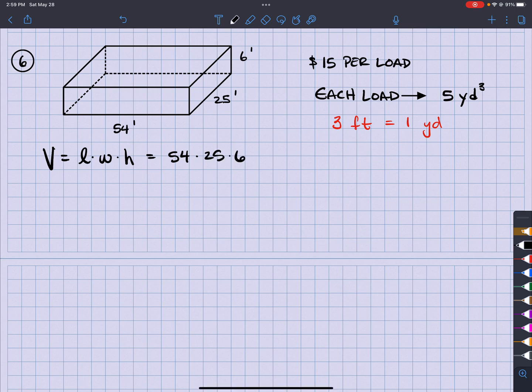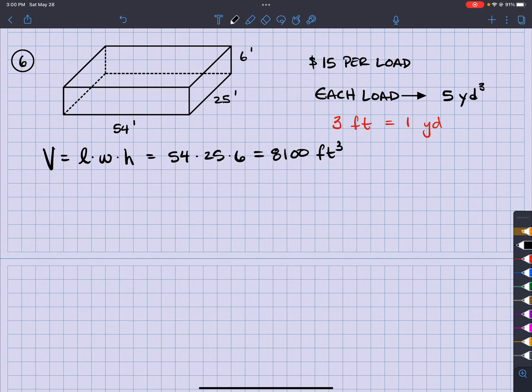So the volume of this is going to be, let's see here, 54 times 25 times 6. So I'm going to have a volume of 8,100 cubic feet. But that's not what I'm getting charged for, not by cubic feet, but by 5 cubic yards.